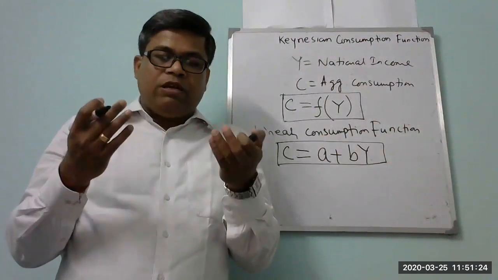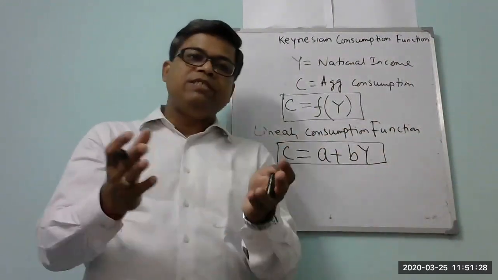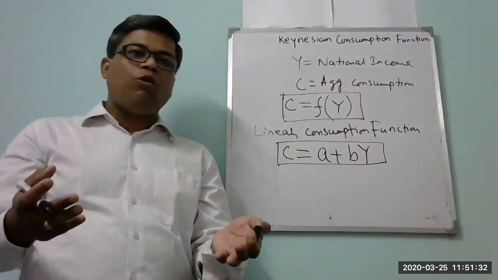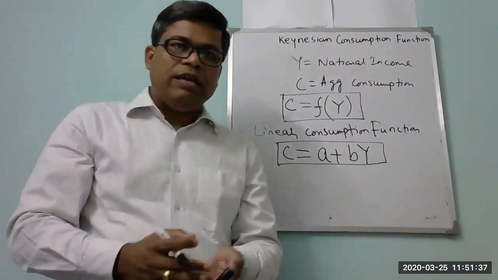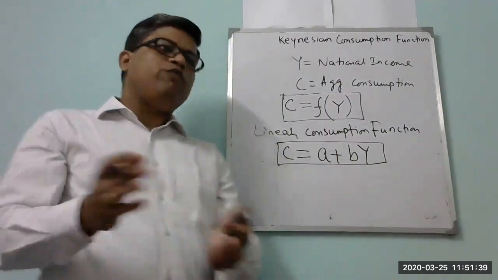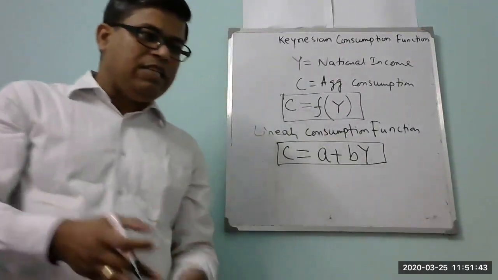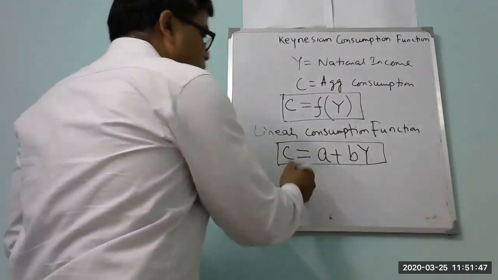Will consumption be zero? If consumption is zero, all the people would die without food. Normally that doesn't happen. There are a lot of unemployed people whose income level is zero, but still they survive.